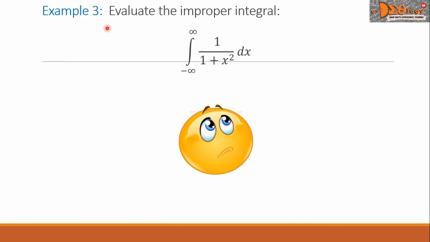Example 3. Evaluate the improper integral, the integral from negative infinity to positive infinity. The function is 1 over 1 plus x squared dx.